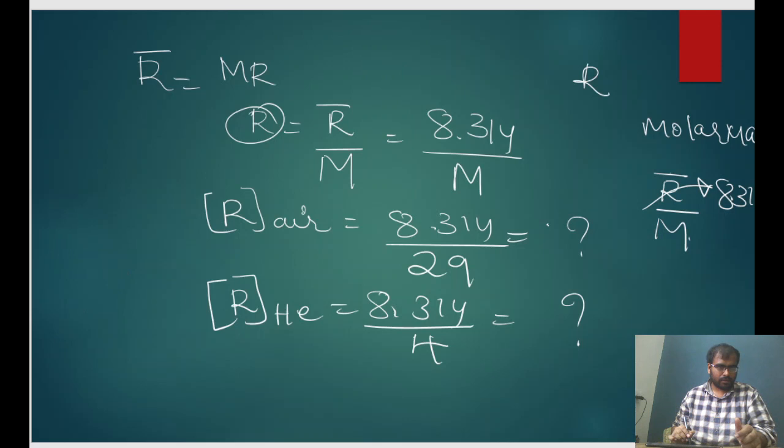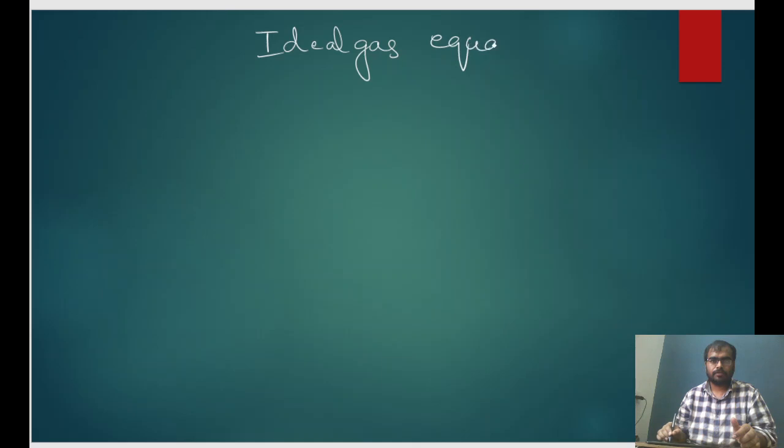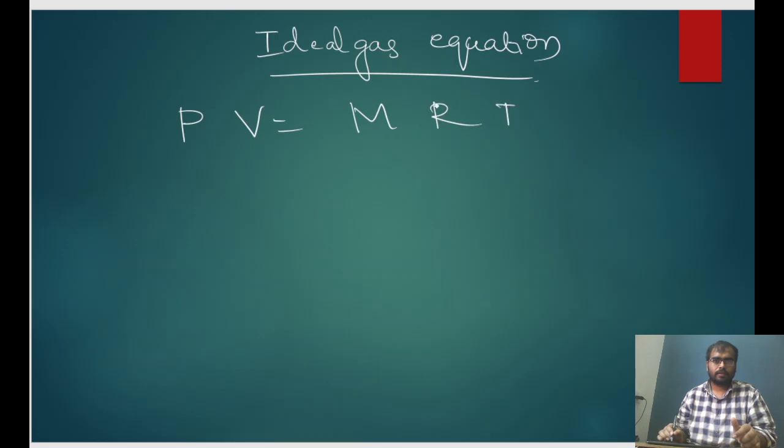Okay, the next formula is very important and famous. It is the ideal gas equation. Everyone knows this formula: PV is equal to mRT. This is small m.